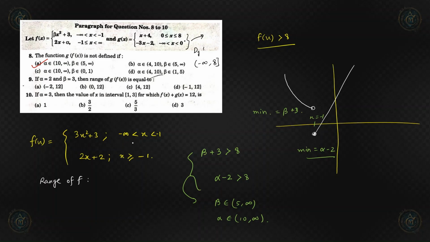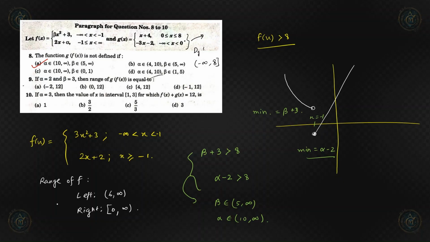On the left side of x = -1, we have the range as (beta + 3, ∞), open to open infinity, right? Beta is 3, so that is 6 to infinity with an open bracket at 6. And on the right side we have the range alpha minus 2, so closed 0 to open infinity.